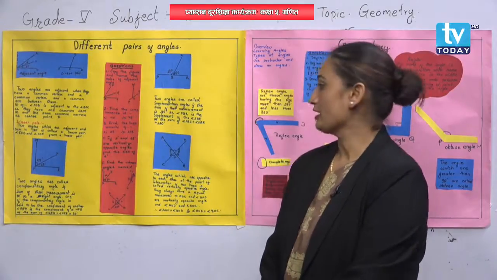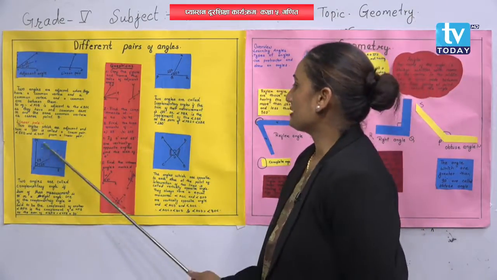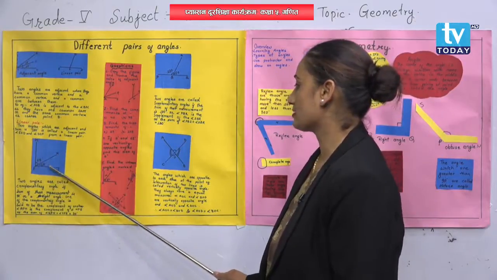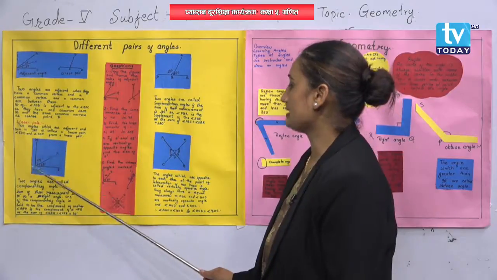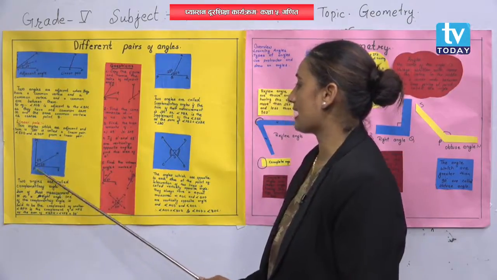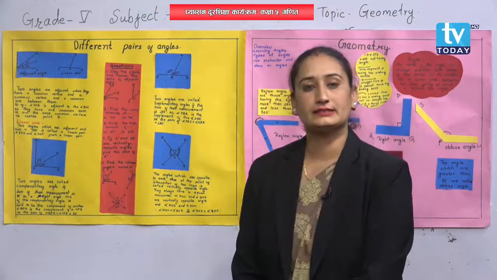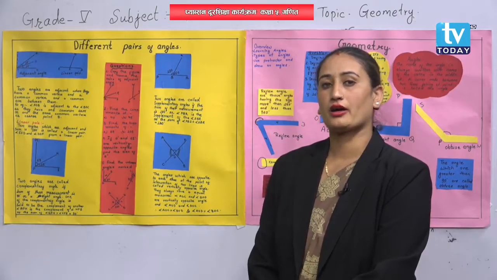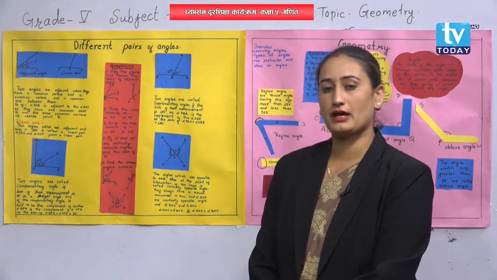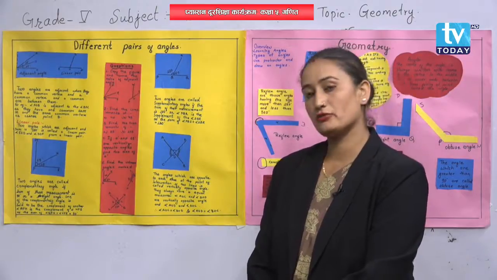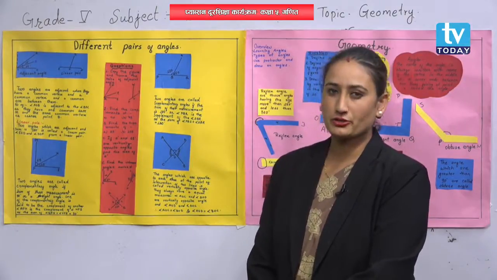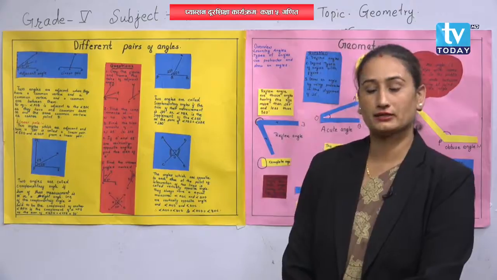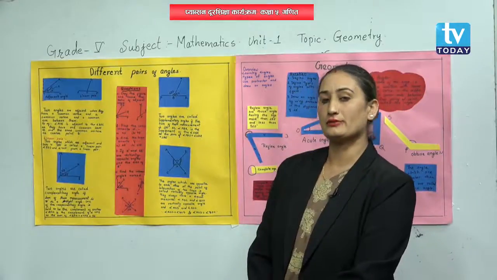Do you understand? So angle GFH is the complement of HFE, as the sum of angle GFH plus HFE equals 90 degrees. Adjacent angle means having a common vertex and common arm. And in complementary, what we have to remember is that if the sum of two angles is 90 degrees or a right angle, then it is called a complementary angle.